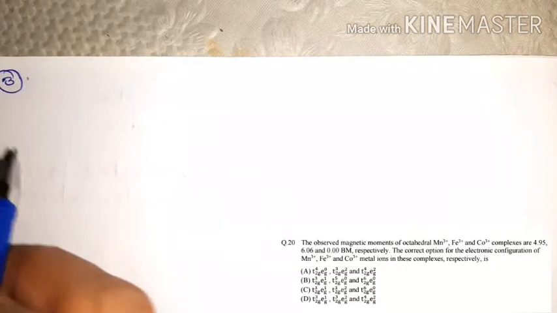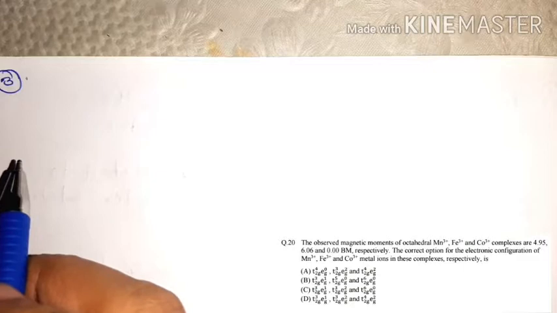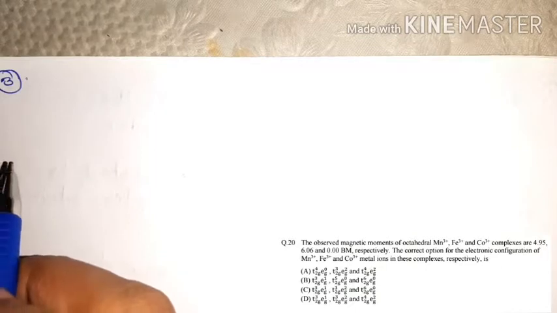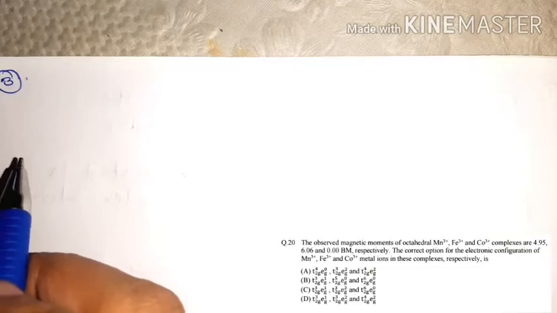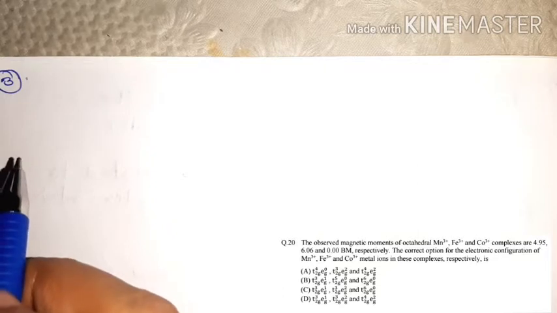See, we have given values of magnetic moments of these metal ions 4.94, 6.06 and 0.00 Bohr magneton. Okay, so first we talk about the formula of magnetic moment.